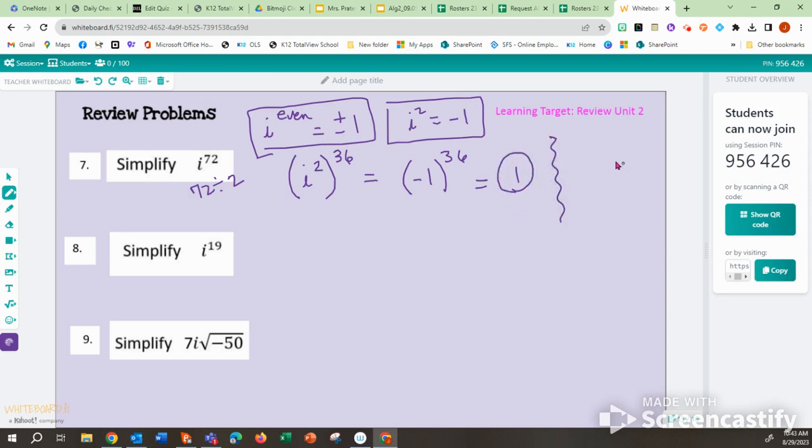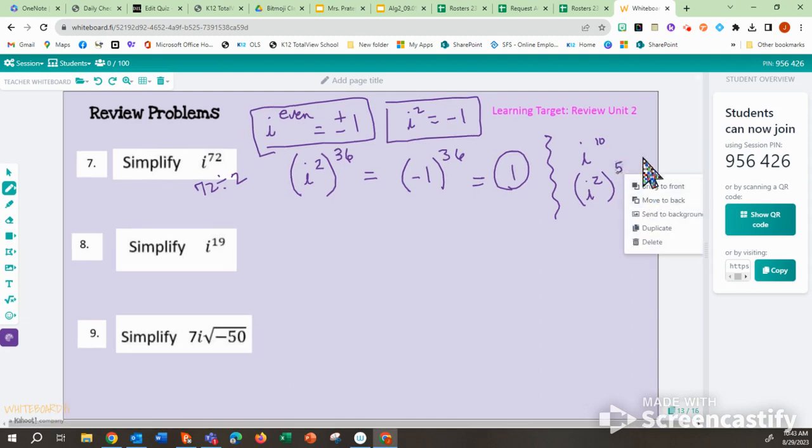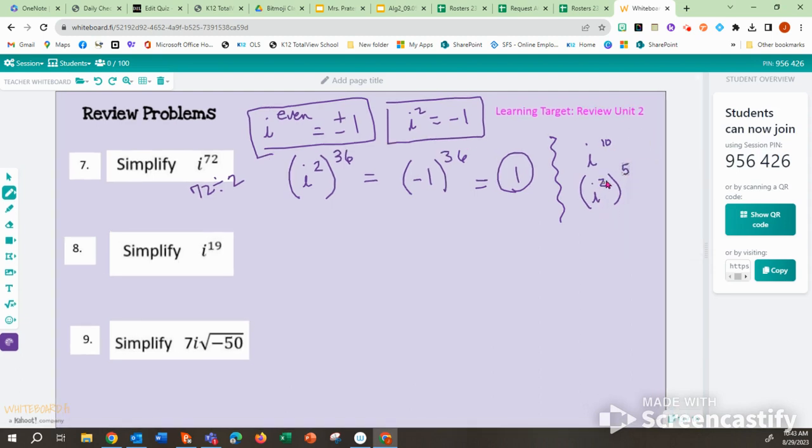Just to show you, let's see if I can make one up really quick. If I do i to the 10th, I would rewrite that as i squared, and 10 divided by 2 is 5. So this would be i squared to the 5th. 2 times 5 would give me 10. I haven't changed the value of the problem. In the place of the i squared, I put in negative 1.